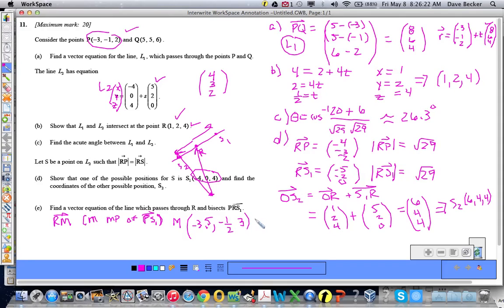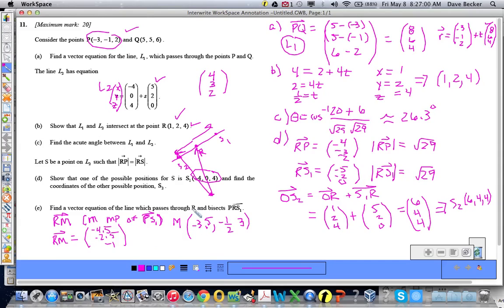So RM for our direction would be equal to the vector: negative 3.5 minus 1 is negative 4.5. Negative 1/2 minus 2 is negative 2.5. And then 3 minus 4 is negative 1. So that's the direction of this line. And then we just need a point.